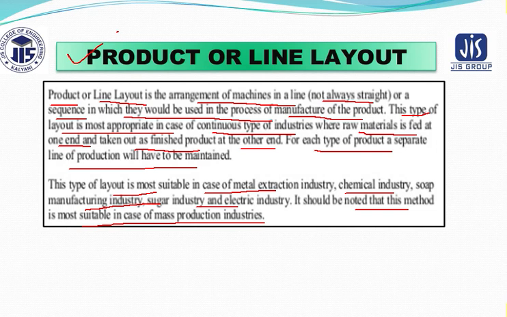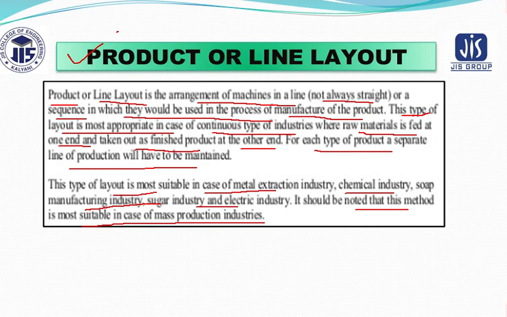If I summarize the production or line layout, then I can say that production layout is also known as line layout. And you know that the arrangement may not always be in a straight line. It can be in sequence also, or it can be in a U pattern also.